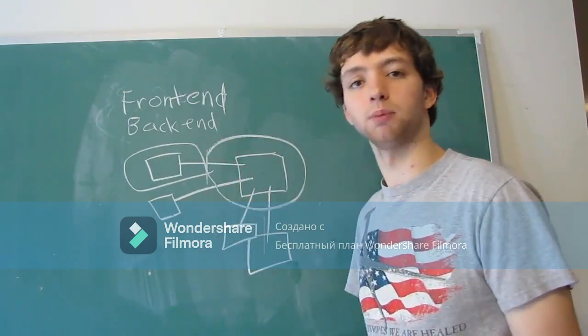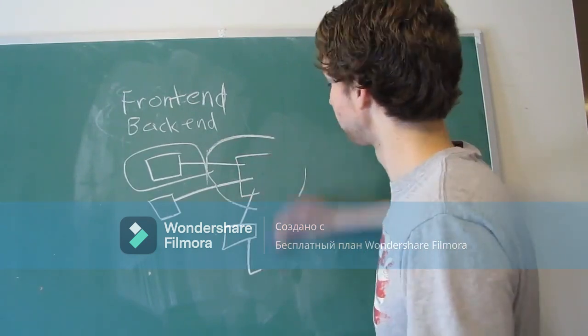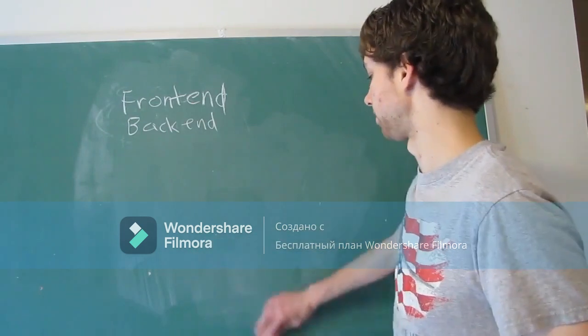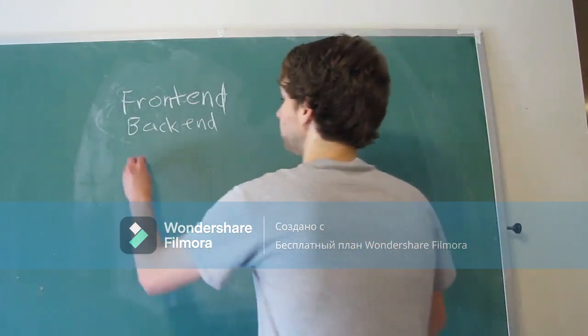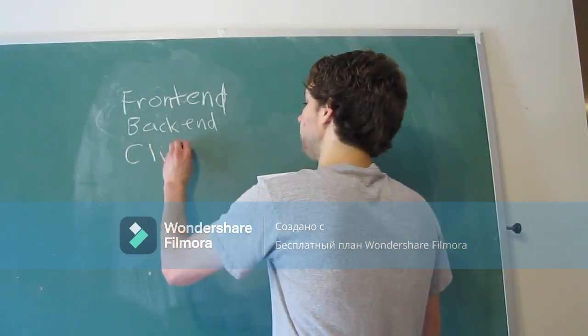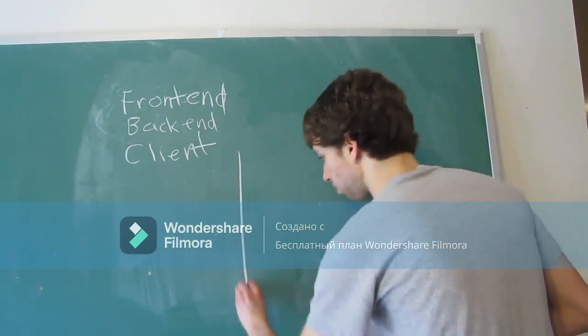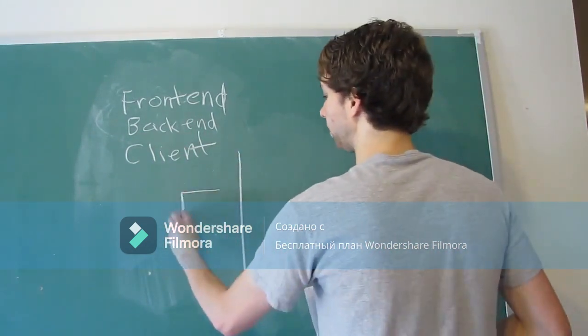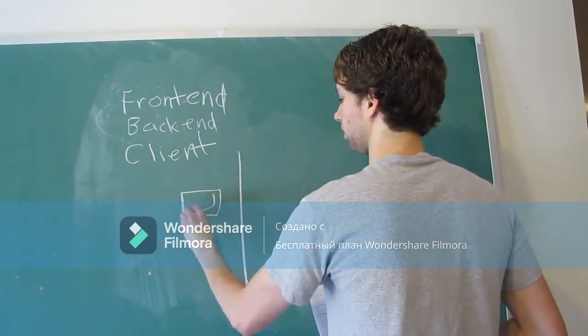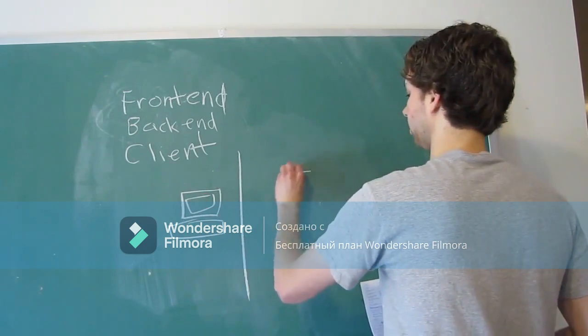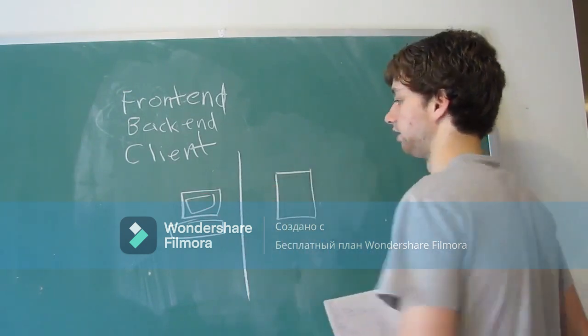So when we're talking about clients and servers, we have those two terms. We have client and then we have server. So very first thing is client. Client is, think of it if we have this wall here. Over here we have a computer. And then over here we have the database.